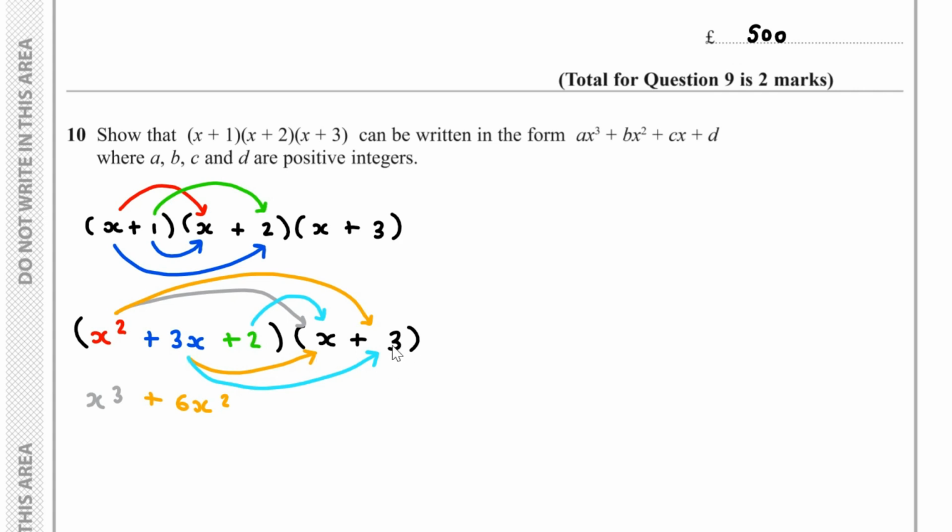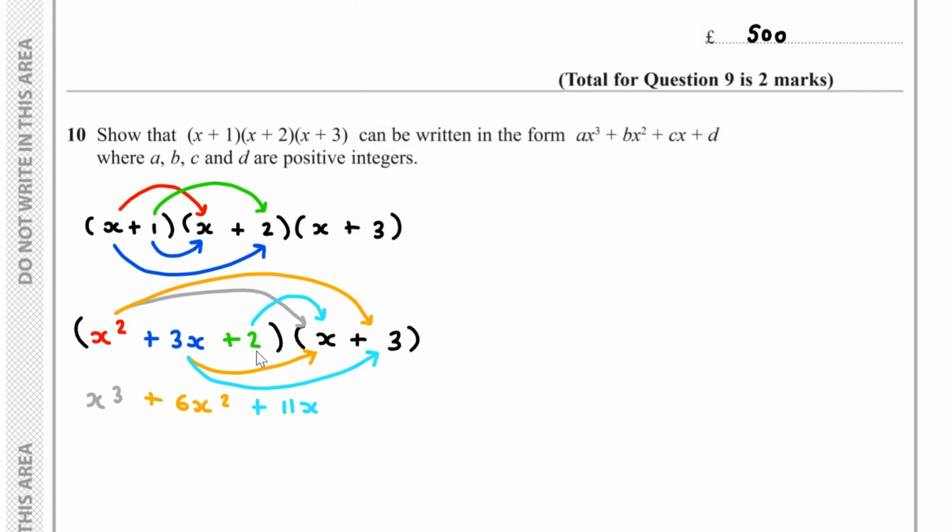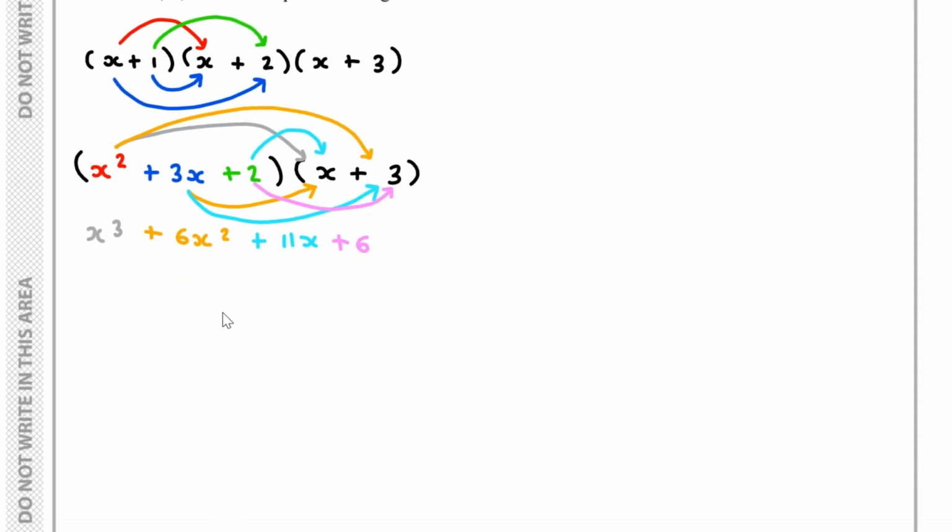Rather, 3x times by 3, that's 9x, plus another 2x, that's 11x. And now in terms of the numbers only, 2 multiplied by 3, that's 6. So what we end up with is x cubed plus 6x squared plus 11x plus 6.